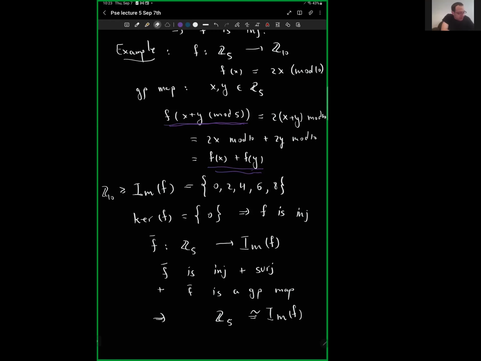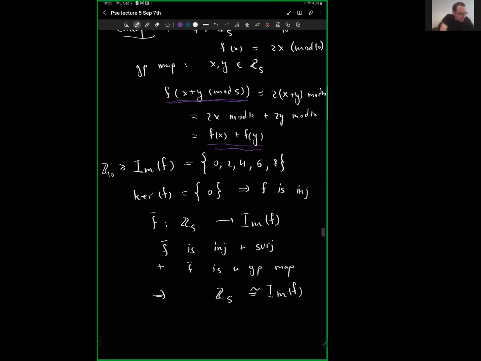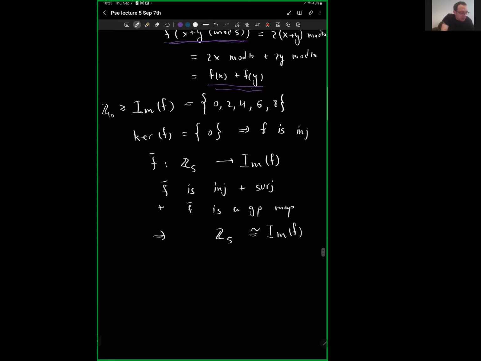But in fact, you don't have to have these fancy considerations. You can just look at the multiplication table. I mean, 0, 1, 2, 3, 4. And here the multiplication is really addition modulo 5.